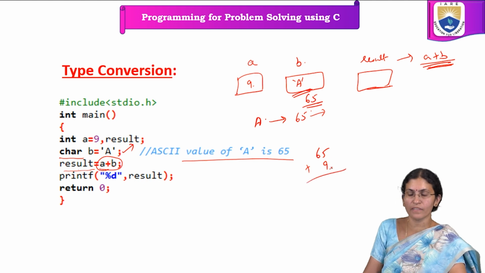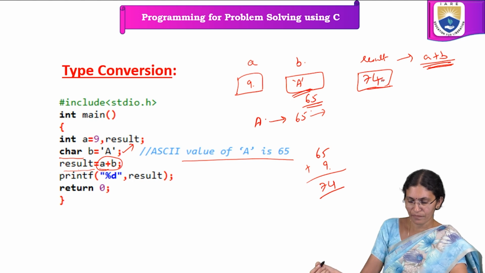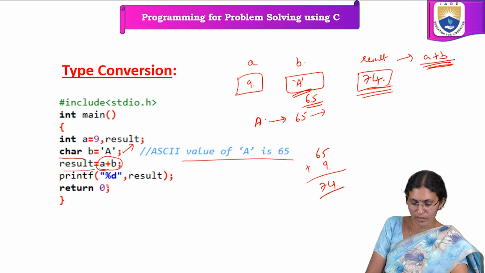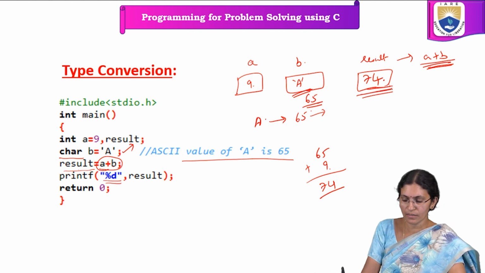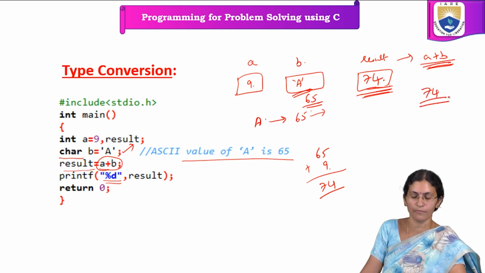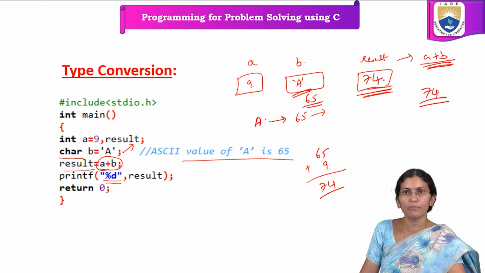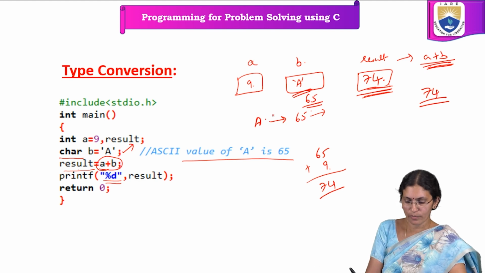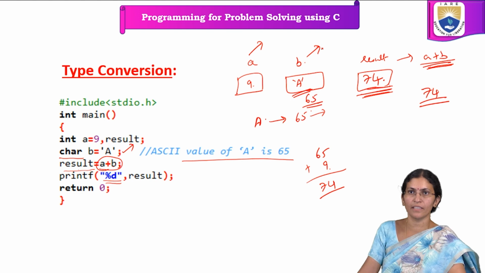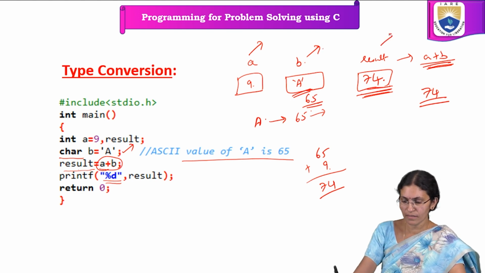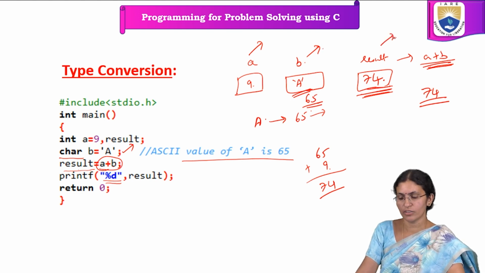So 65 plus 9 is 74. This value will be displayed. Using %d as the format specifier, you will get the output as 74 on the screen. Here we are performing the addition operation, one with integer type and the other with character data type, and the result we get is integer data type.